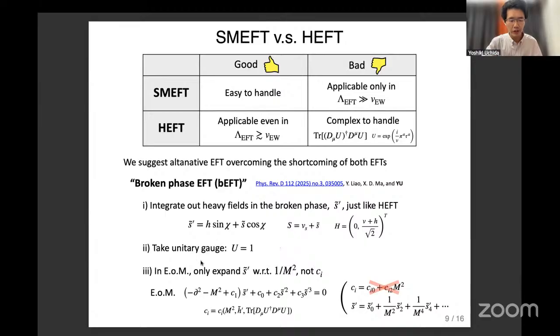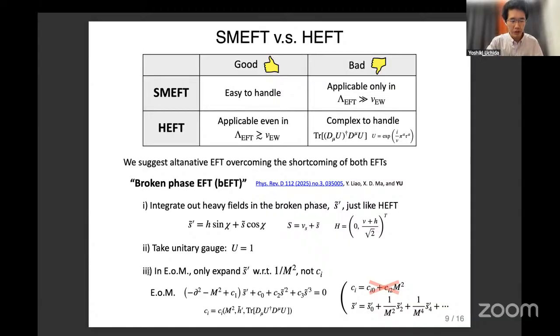And then after that, we take the unitarity gauge. This means we just substitute U equal 1. So this eliminates the complexity of the Higgs effective field theory, because in this theory there's no longer the Goldstone boson. There's no Goldstone boson anymore.